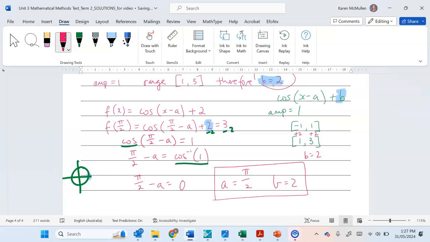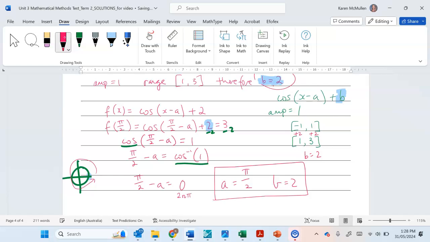Okay. If it was a generic solution, you can see cos would be equal to 1 every time we go around the unit circle. So this would be 2n pi.